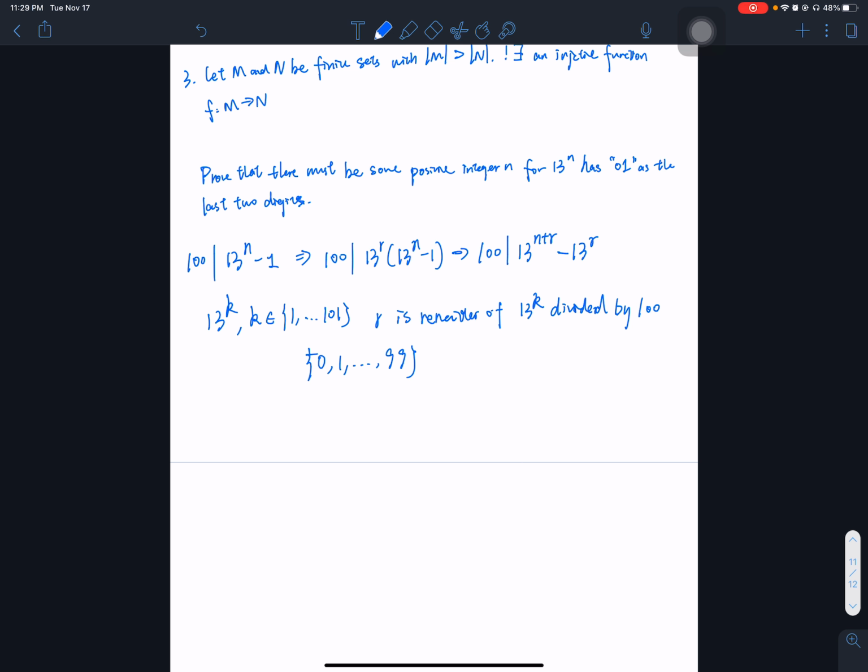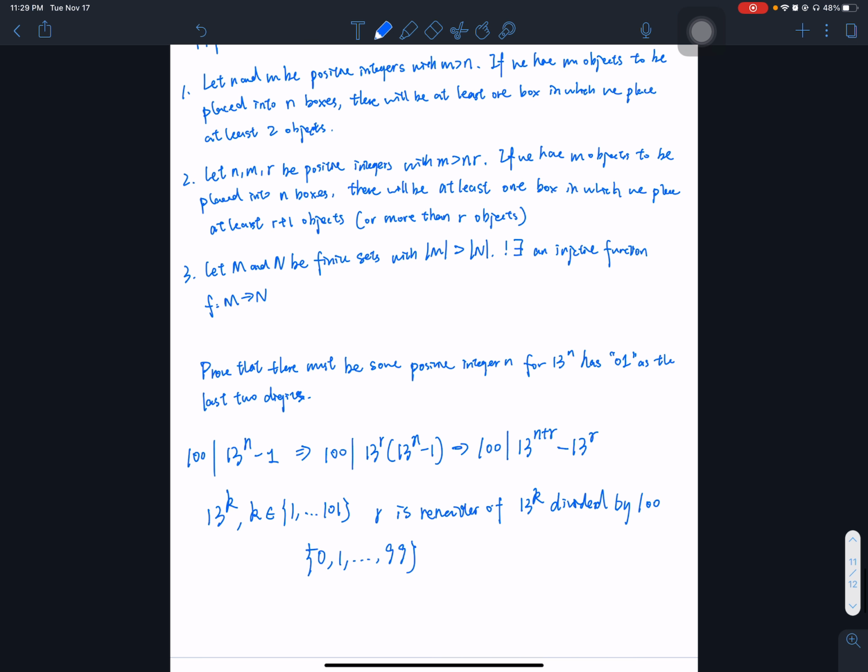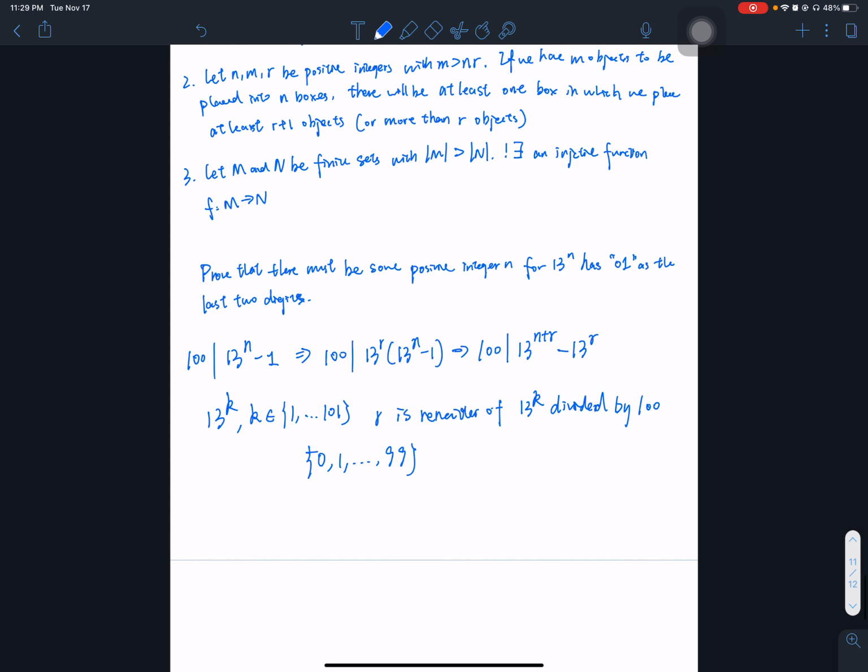Since we have 101 different numbers and there are only 100 boxes, there must be at least one box containing at least two objects.